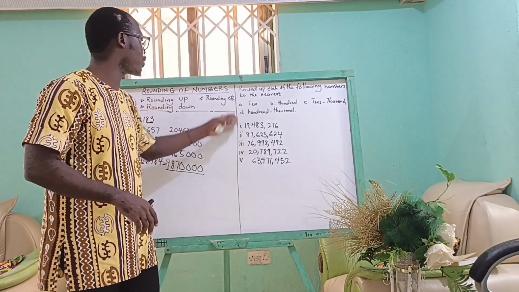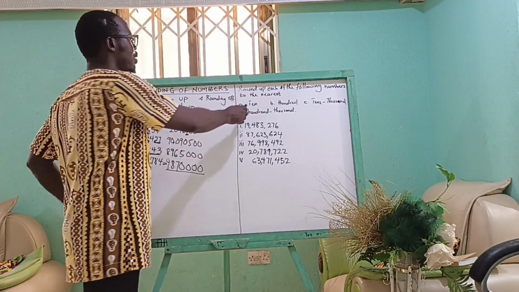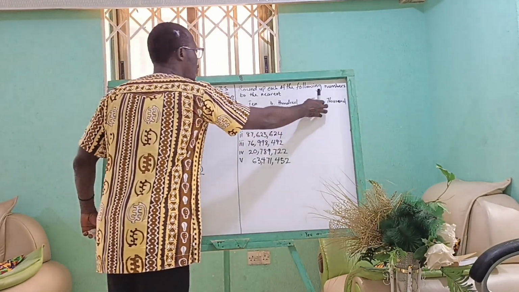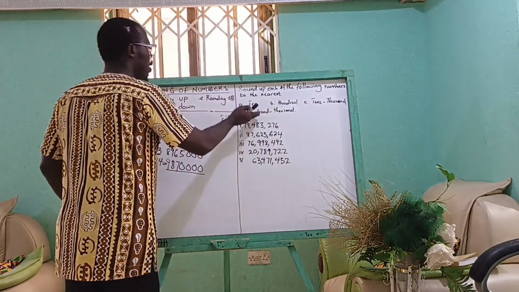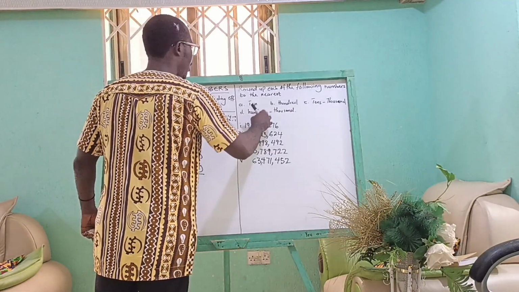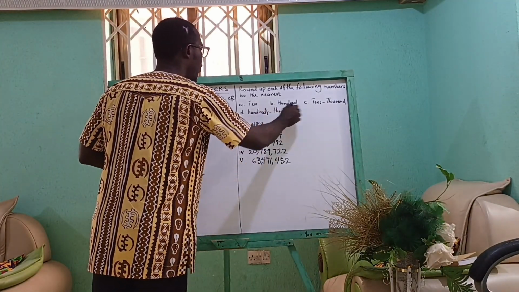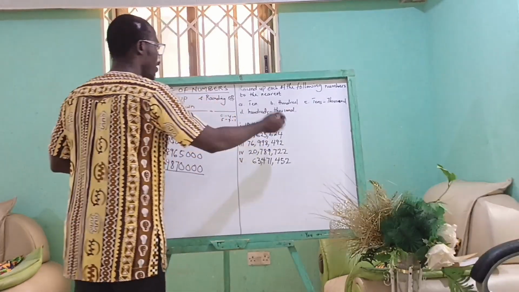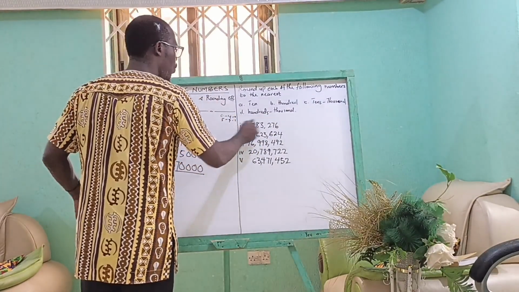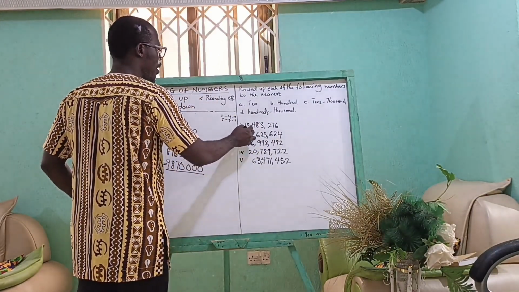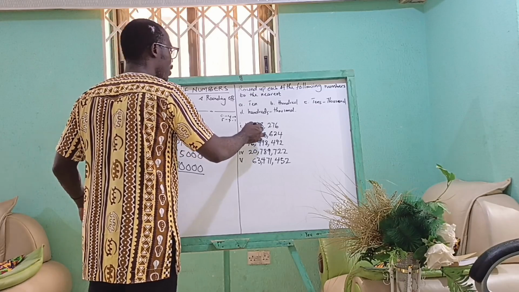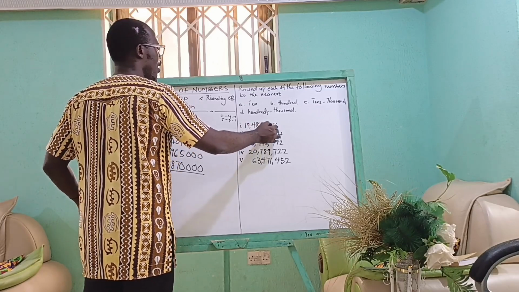I want you to try these ones for me. Try it in tens, in hundreds, in tens of thousands, hundreds of thousands, and then we move from there. So look at this one, 19,483,276.